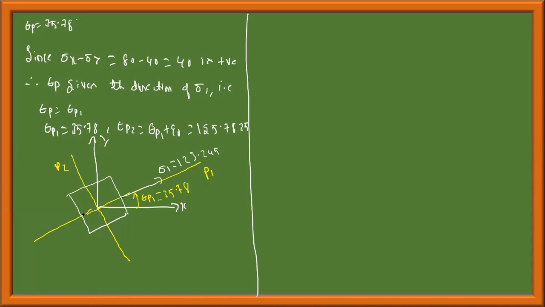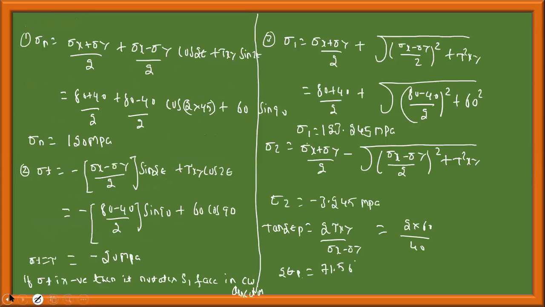This is acting on P1 plane, sigma 1. Sigma 2 is compressive, indicated here, sigma 2, which is equal to minus 3.2455. Find theta p1 and theta p2, sigma p1 and sigma p2. Let us go to maximum shear stress.